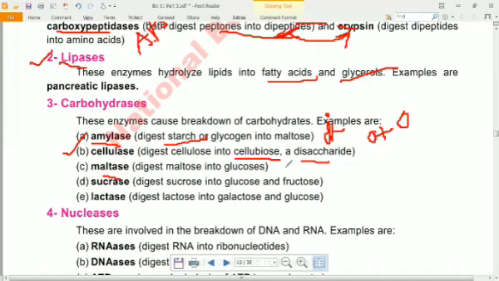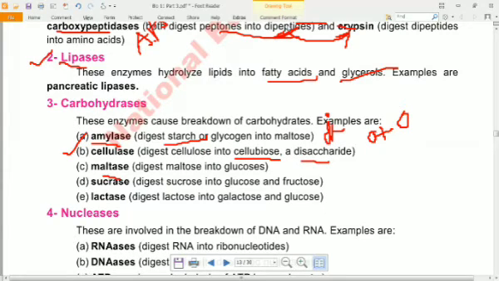It means that it is broken down into glucose, that is monomers. Sucrase breaks down sucrose, which is a disaccharide. So it breaks it into glucose and fructose. These are monosaccharides. Lactases break down lactose, that is also a disaccharide, and it is broken down into galactose and glucose.